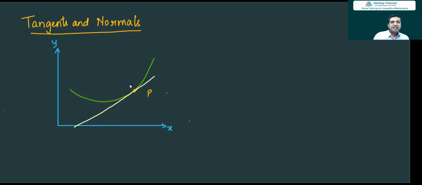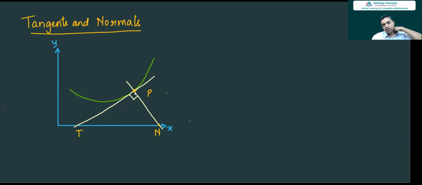And at that same point P, I draw a perpendicular, a normal. So this PT is called the tangent or the length of the tangent. PN is called the length of the normal.